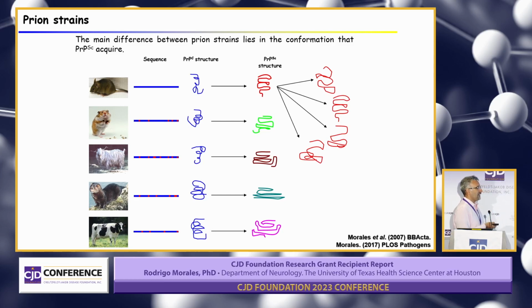These differences in shape are easy to reconcile if we consider different animal species, where there are differences in the amino acid sequence. So the building blocks of the protein will be different, and all these building blocks will fit differently into the final shape.